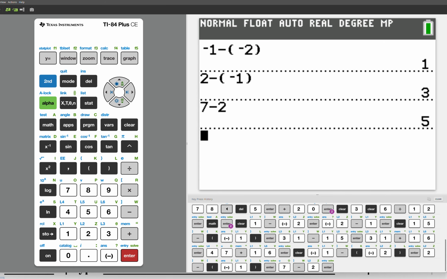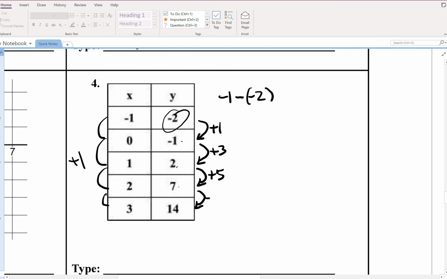If I take 14 minus 7, that gives me 7. So this is plus 7. You might guess that the next one is plus 9, and you would guess correctly. So the next one would be 14 plus 9, which is 23. That's what it would be if we went to 4.